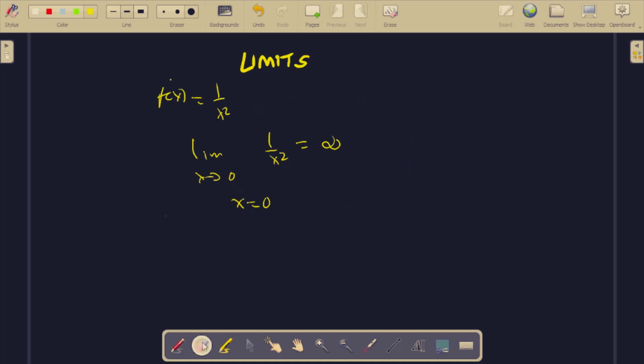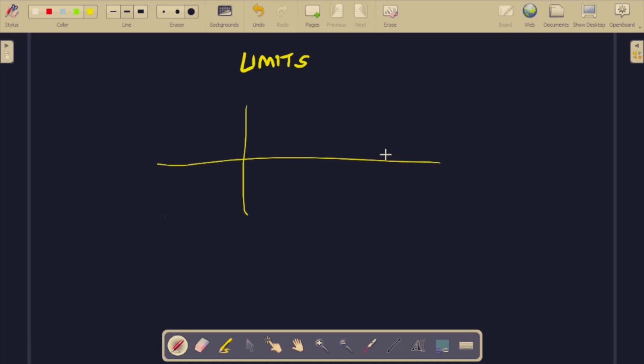All right. Now, I can give you guys another example. Let me just draw the graph of the function. Let's not worry about what f of x is. Let's say we have a certain function f of x, and what we are trying to do is find the limit of f of x as x goes to 3.